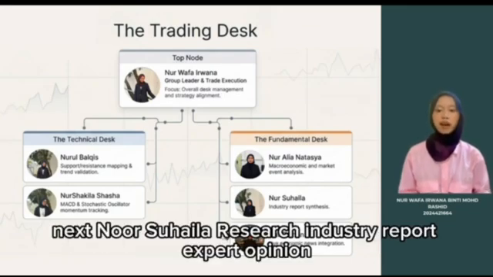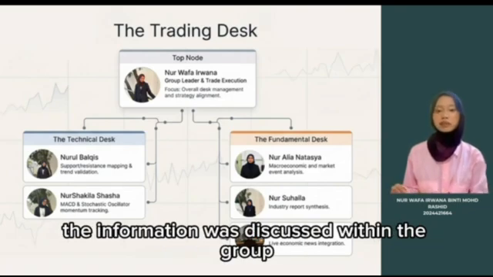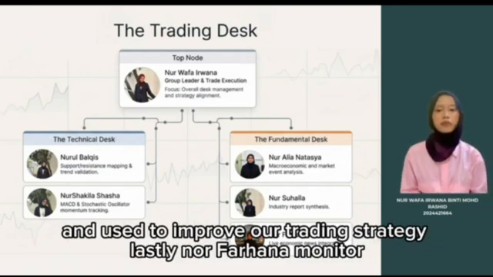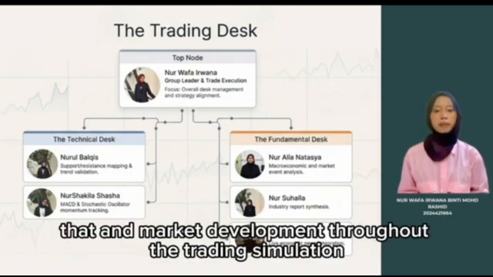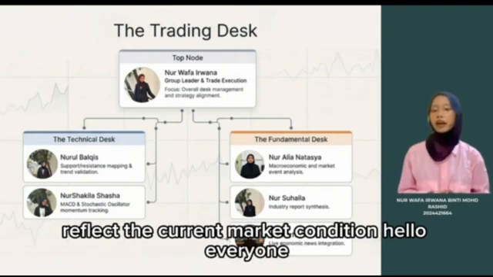Next, SUHAILA researched industry reports, expert opinions, and other market information related to the futures market. The information was discussed within the group and used to improve our trading strategy. Lastly, FARHANA monitored important economic news and market development throughout the trading simulation. She analyzed the latest information to ensure our trading decisions reflect the current market conditions.